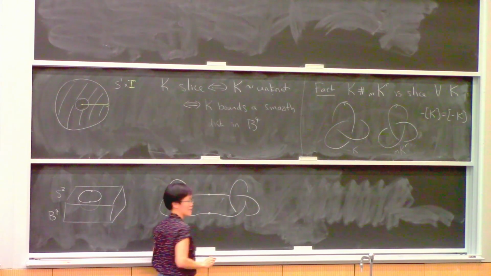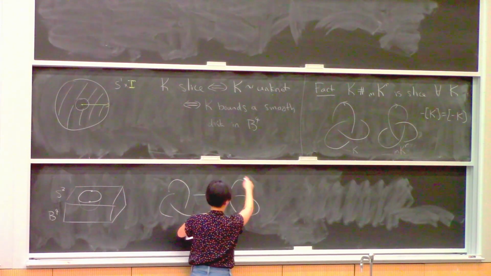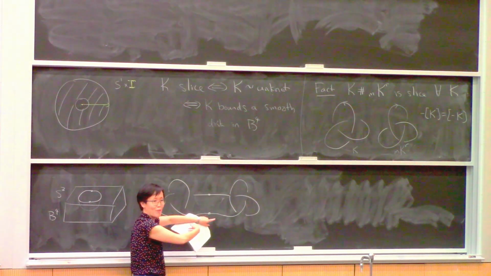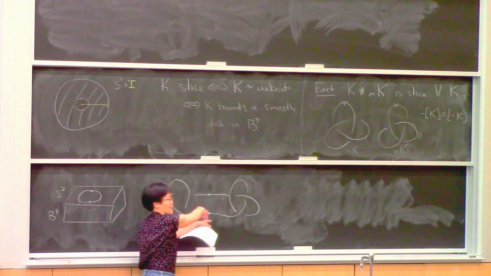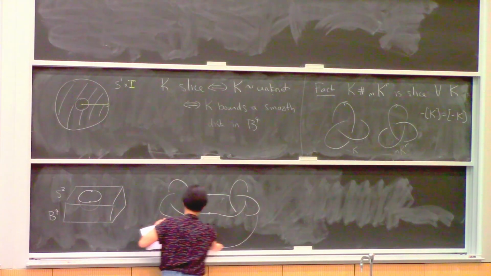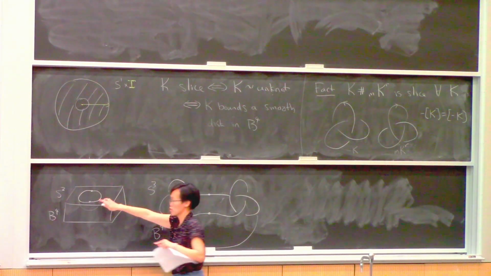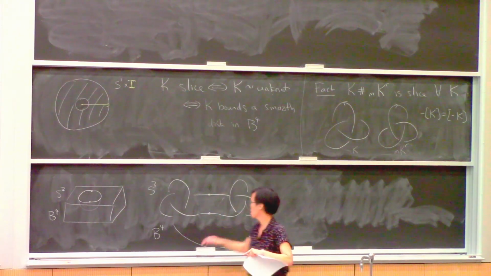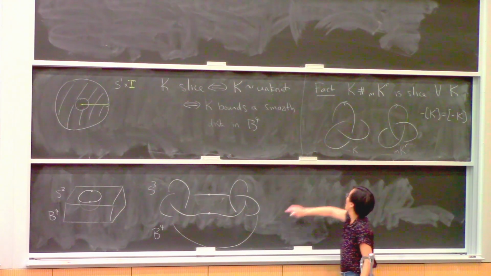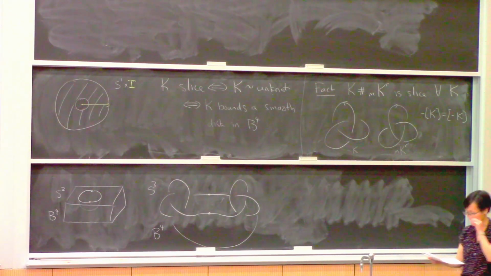You should imagine here's an arc; take that and sweep it through the four ball. If you think about orientations and everything, it's going to come out to be the mirror image. Just like in this picture, when you sweep out an arc, you get a disc. So this is the truth that K connect sum the reverse of its mirror image bounds a disc.